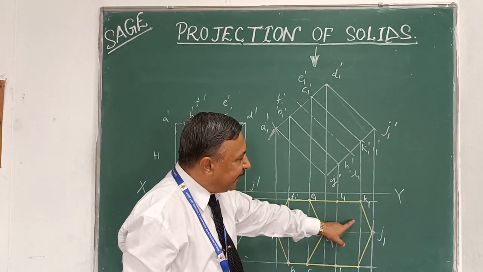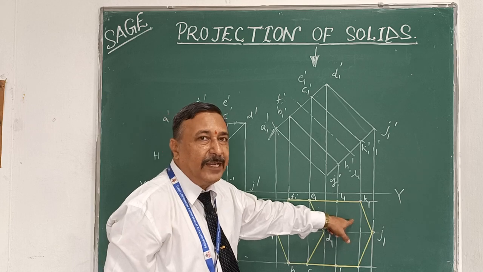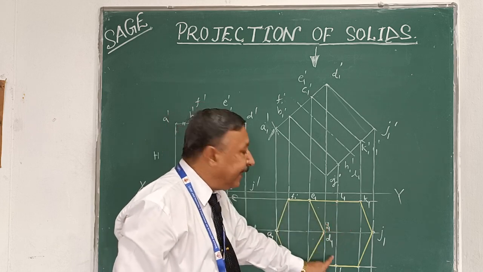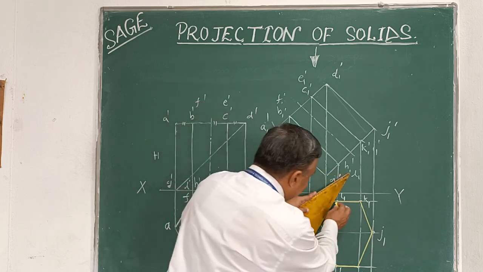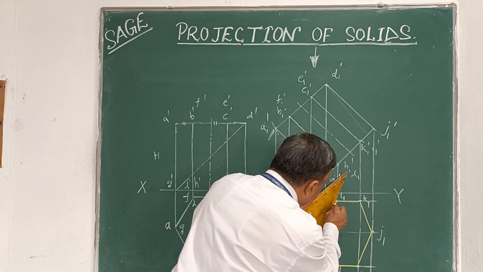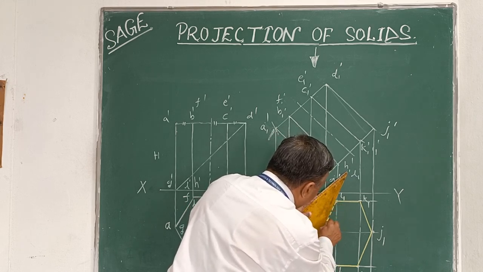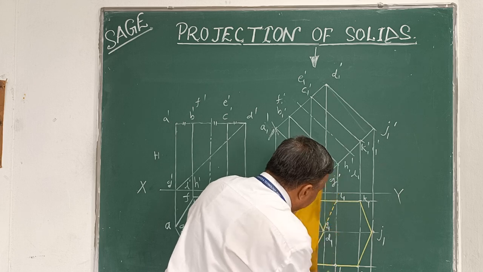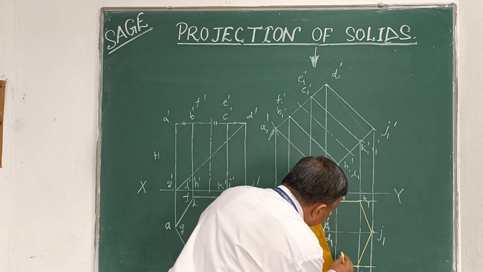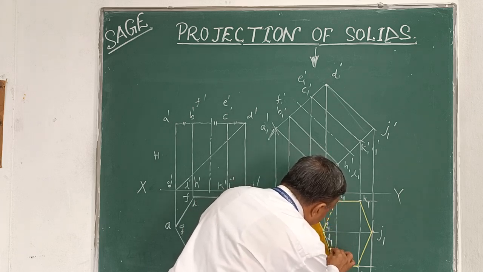Now first complete this base by drawing the remaining lines hidden. Means what is the meaning of this? That these lines are not visible. These lines of base are not visible.